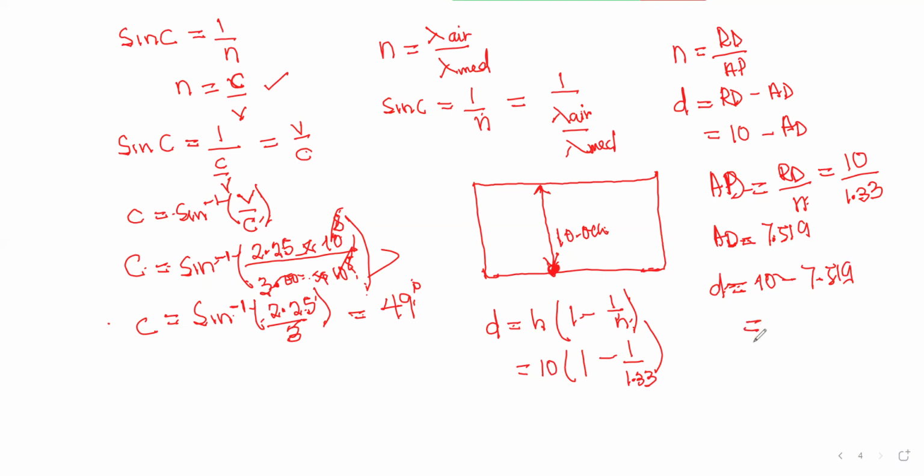And the result must be the same as what we got for this. I think you had 2.4 what? Is it 2.48? Yes. What's the answer here to 2 decimal places? Okay, so that's it.